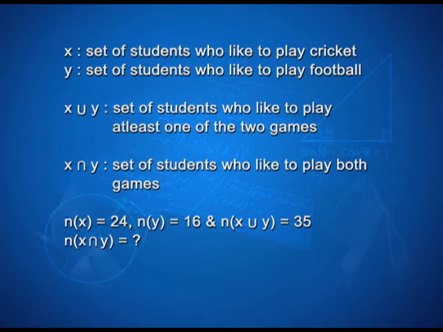In this problem, we have to find the number of elements in the set X intersection Y. Here, using the formula n of X union Y is equal to n of X plus n of Y minus n of X intersection Y, and placing the given values in this formula, we can easily find the number of elements in X intersection Y. So I think you can do this on your own.